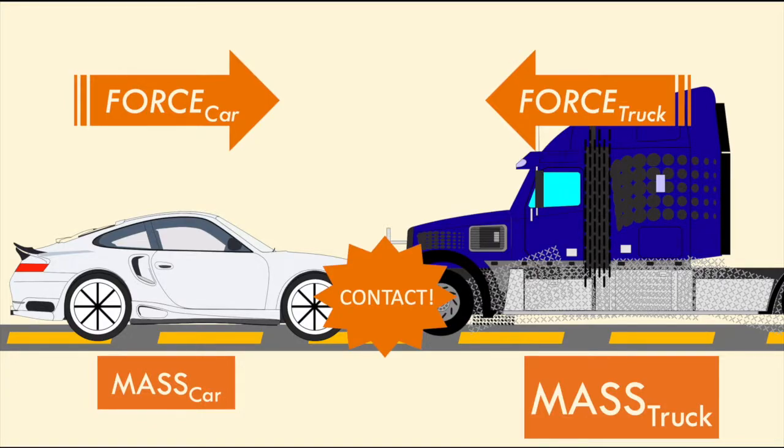Notice in my diagram the arrows point in opposite directions to show the direction, and similarly they're the same size to show that the forces are equal in magnitude. We know that the force of the truck interacting on the car is equal to the force of the car interacting on the truck. We modeled this with a clay ball and noticing that the indentation on both sides was equal.